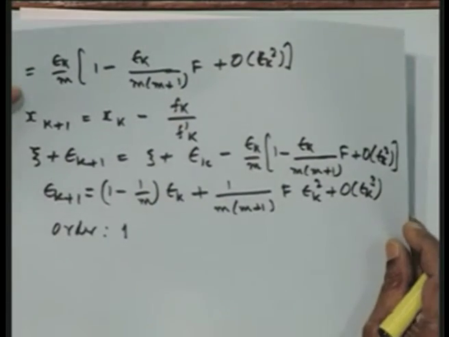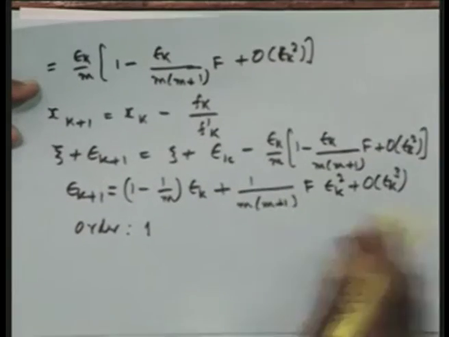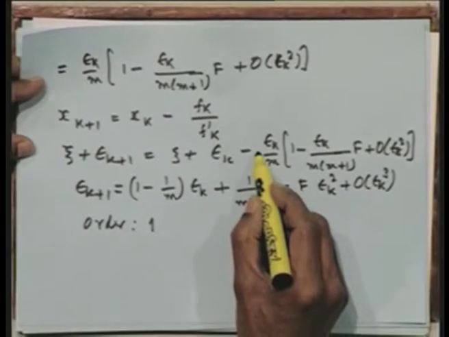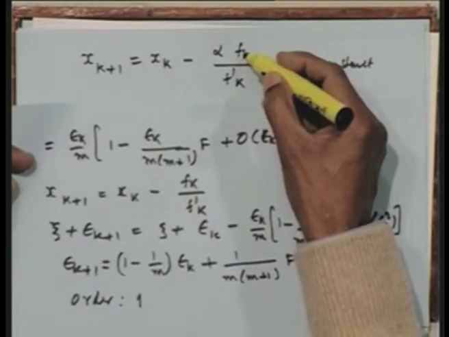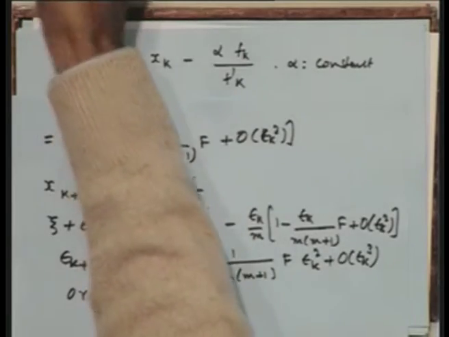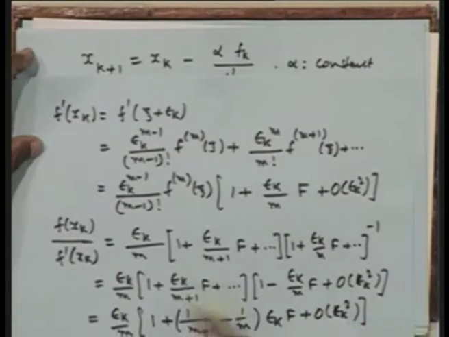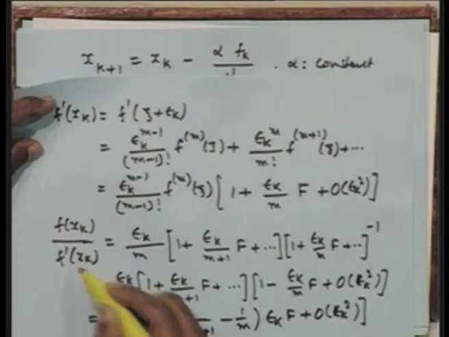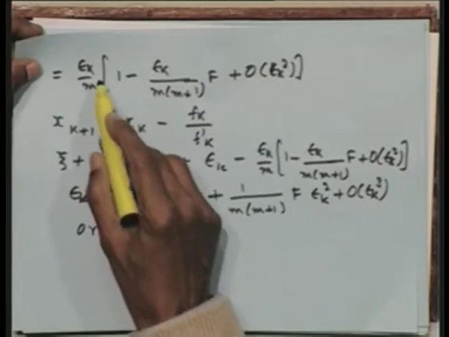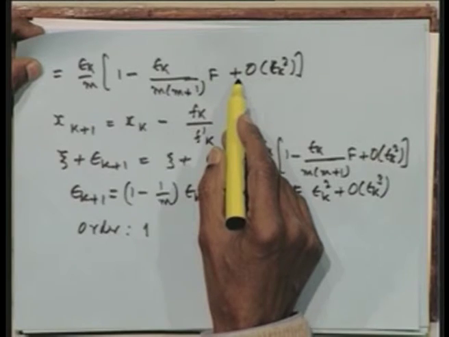Now let us just go back to this slide once. What I have introduced is an alpha, because this ratio is fk by f prime k. We have just evaluated, let me go 2 slides behind, the ratio of f by f prime k as this quantity, which we have finally brought to the form of this as fk by f prime k.